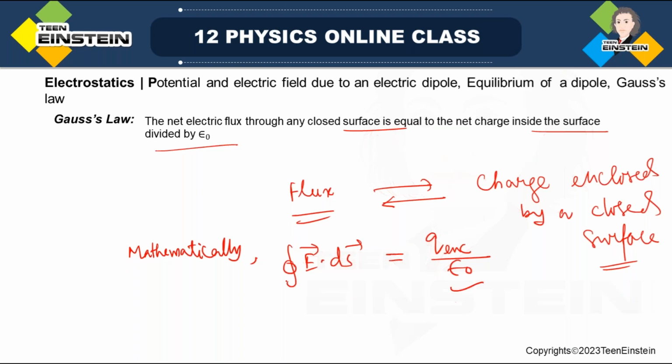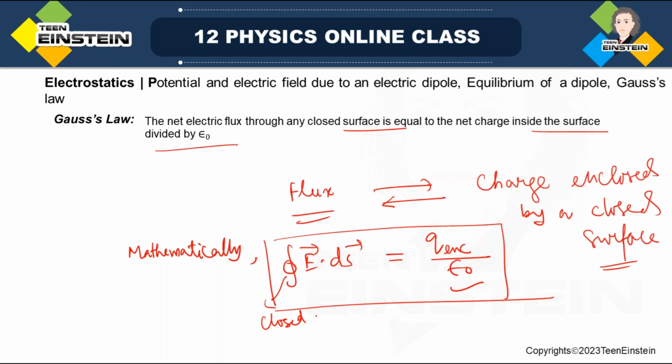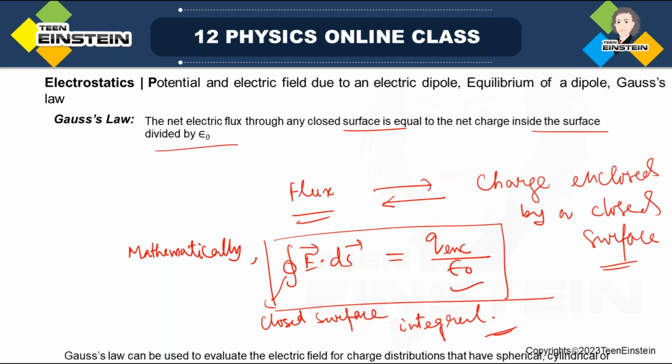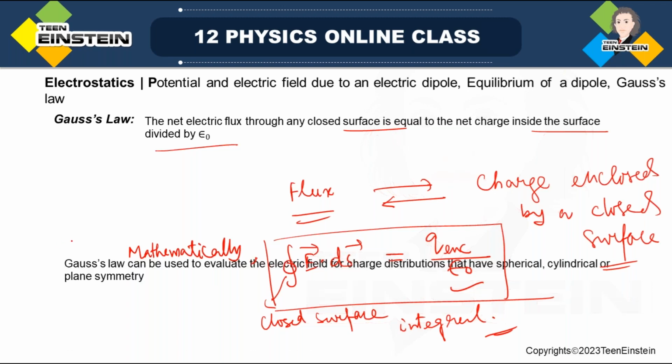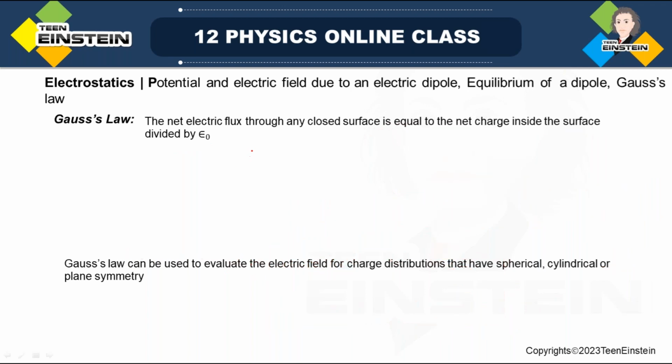So this is the mathematical expression for Gauss's law. This is called a closed surface integral. Gauss's law can be used to evaluate. Let me write Gauss's law here, in mathematical form.